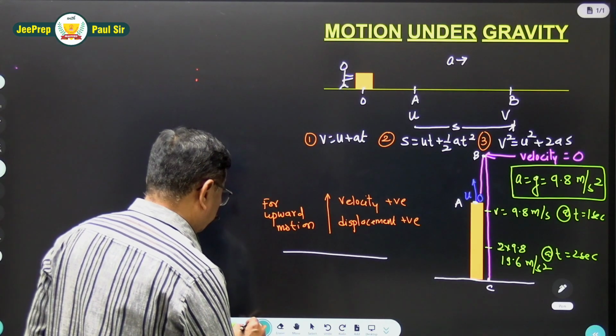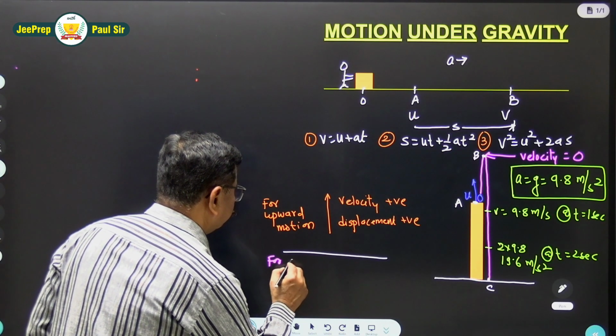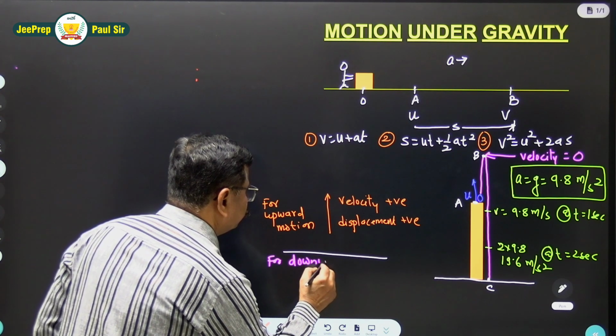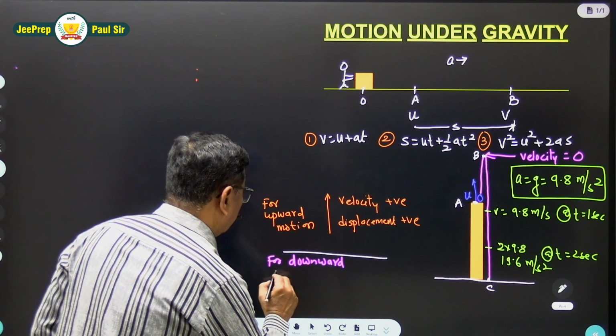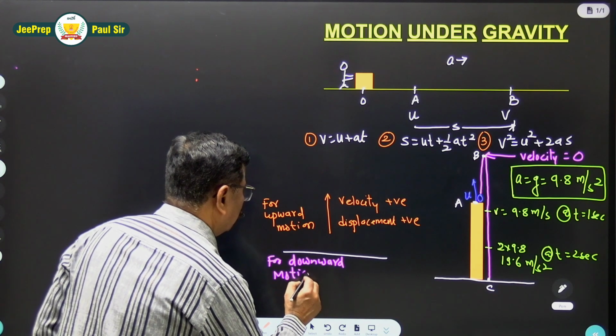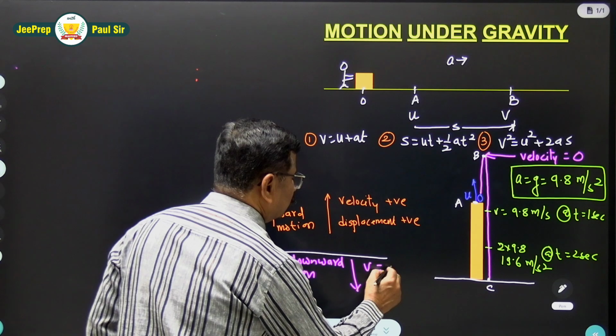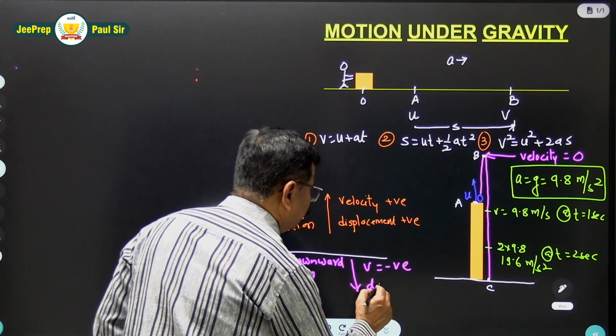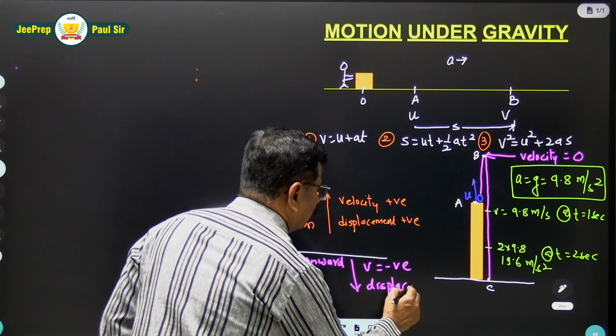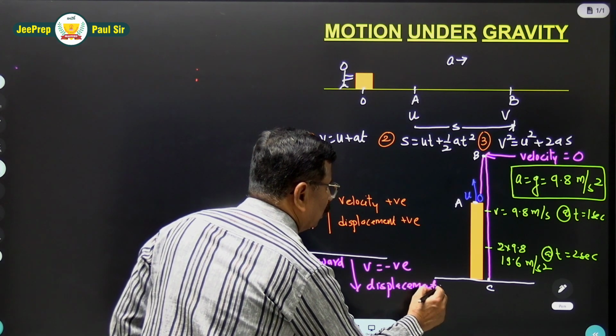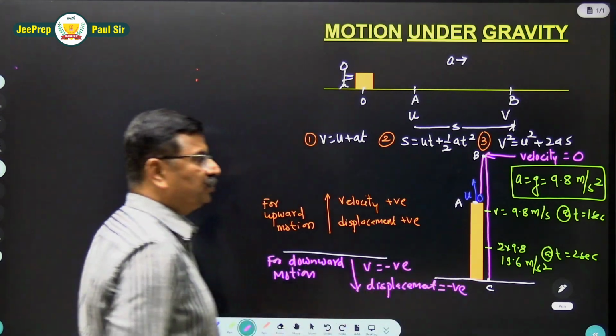And for the downward motion, now you take this as a reference line. Then the velocity is negative while the displacement is also negative.